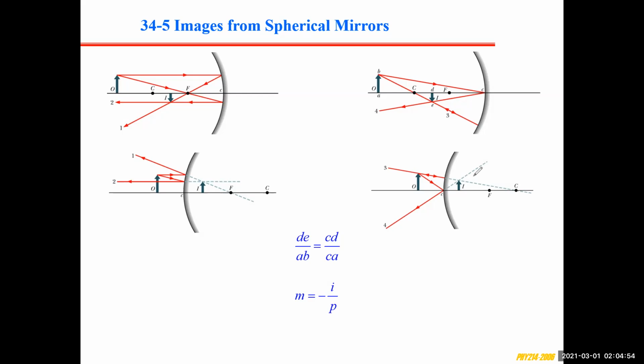Then you draw the extension line, and where the two intersect will determine where the image is formed. So altogether, when you do ray tracing, these are the four light rays that can help you determine where the image is. Usually, you just need two light rays, but sometimes it may not be that obvious, and then you might use one or two additional rays to determine where the image is formed.